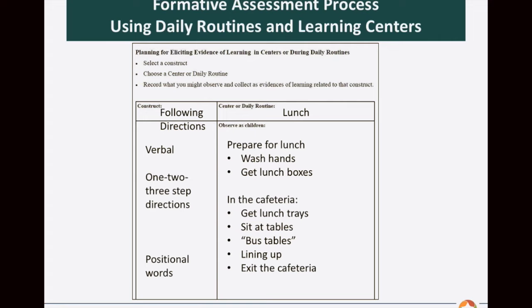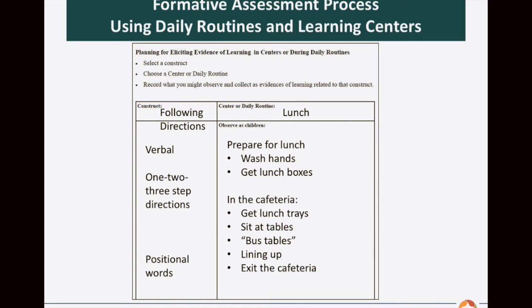So you see children preparing for lunch, washing hands, getting lunch boxes. Once in the cafeteria, do the children follow the directions for getting lunch trays, finding seats, then bussing their tables, lining up, and exiting the cafeteria?